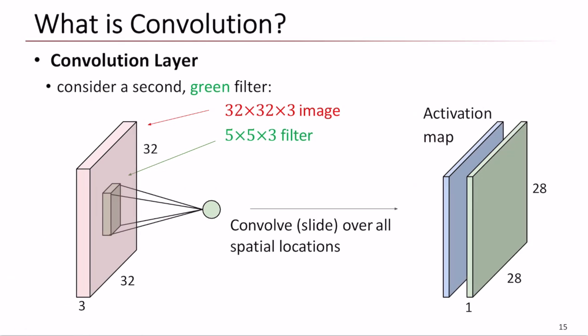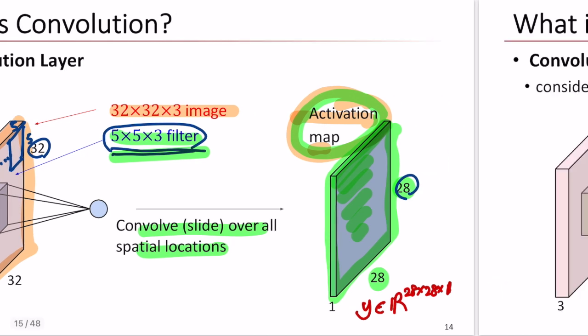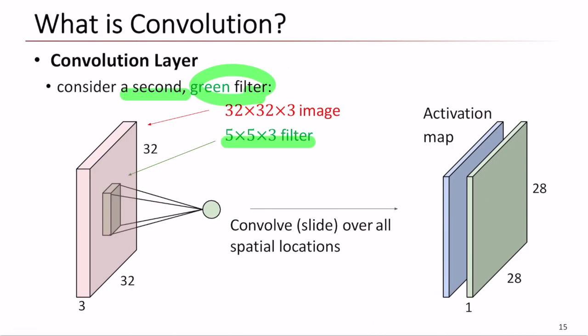So another very interesting idea. Consider the second or green filter, another filter. This is the first filter, a 5 by 5 by 3 filter, and let's talk about another 5 by 5 by 3 filter. Then you can generate another activation map of size 28 by 28.